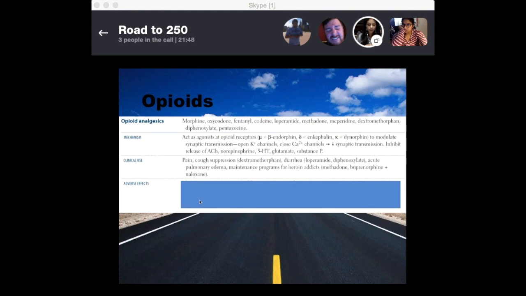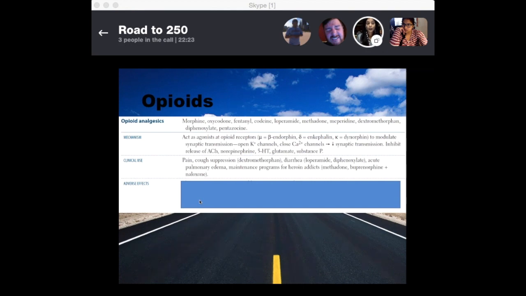What is substance P again? It represents or is commonly associated with pain. Pain, yeah. So you can remember it's substance P, P for pain. That's what its role is. So opioids, what are they used for? We're going to use them for all sorts of different things, such as pain, cough suppression, which is specifically dextromethorphan, and diarrhea.